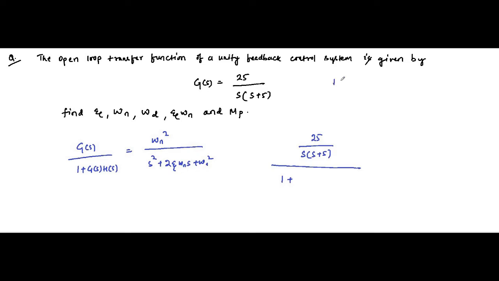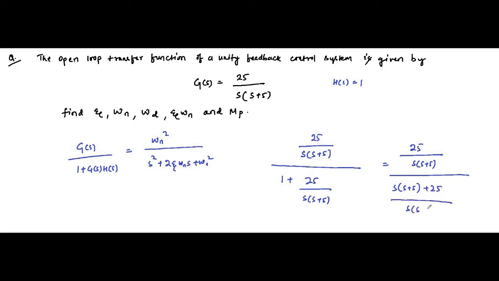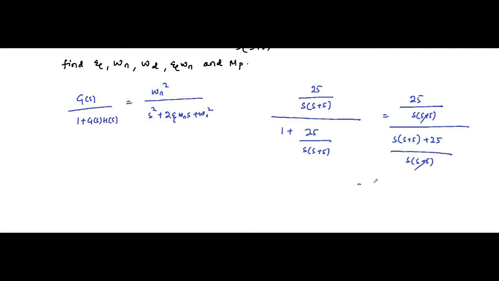Unity feedback means H(s) is equal to 1. So it is 25 by s into s plus 5 divided by s into s plus 5 plus 25 by s into s plus 5. These two get cancelled out and it simply becomes 25 by s square plus 5s plus 25.